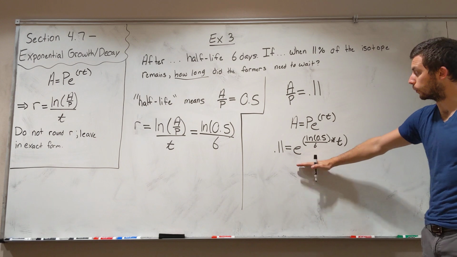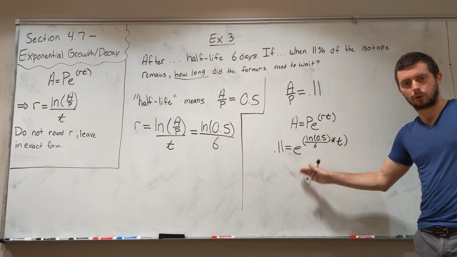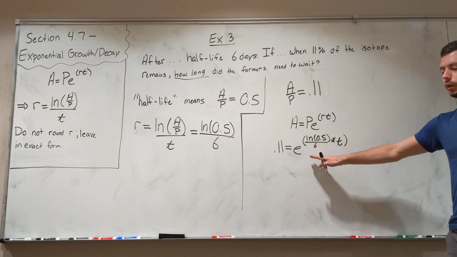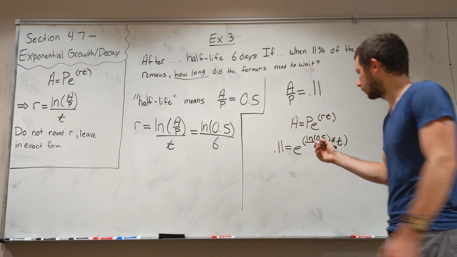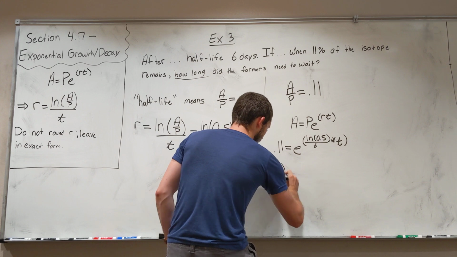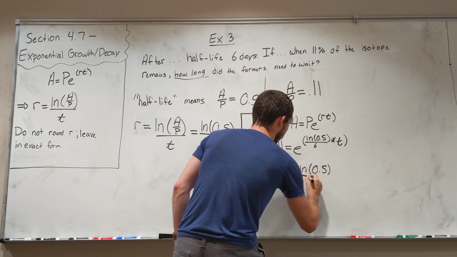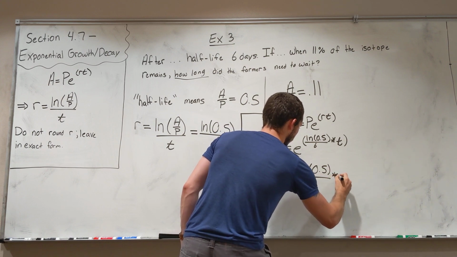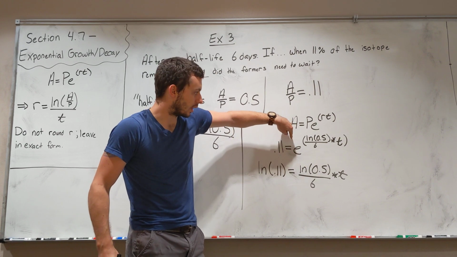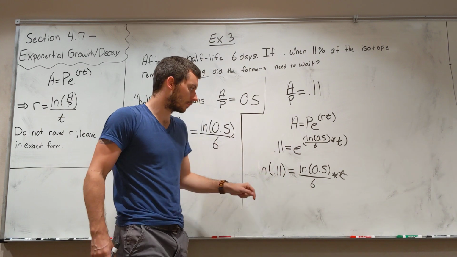But once you get that horrendous setup, so I do admit it is an elaborate way of setting up the problem, but once you do set it up, then all you have to do is apply the steps we've done before. We take the natural log, we multiply, we divide accordingly. So here, you would take the natural log, just like we've done in the previous problems. And remember, when you take the natural log of the right-hand side, the natural log and the e cancel out, which is why we get down to here.